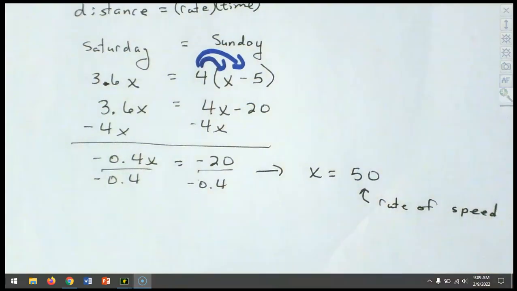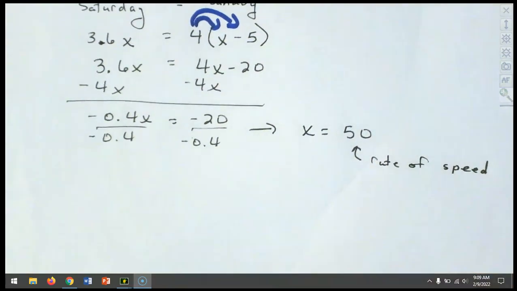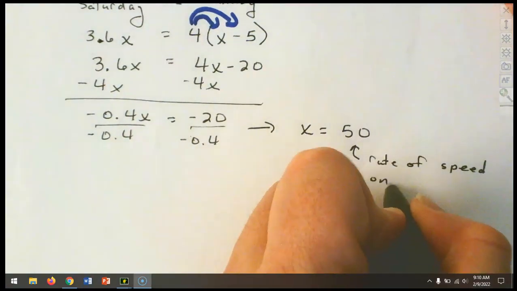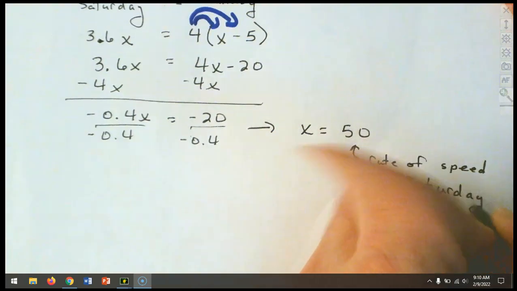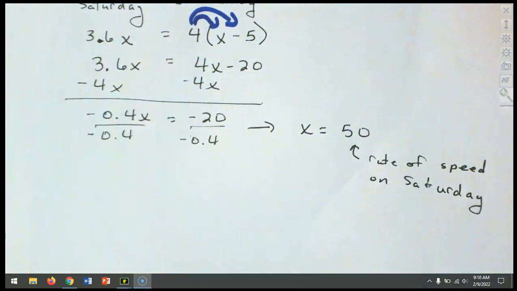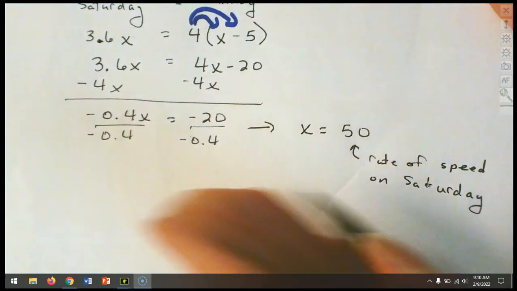Let's make sure that's what we want. When I read this question, it says specifically, what was her average rate on Sunday? Okay, so this is the rate of speed. And what is this on? Is this on Saturday or Sunday? Saturday. Should we do minus 5 then? Right, so we want the other one. So how do we get the other one? This is the average rate of speed on Saturday.